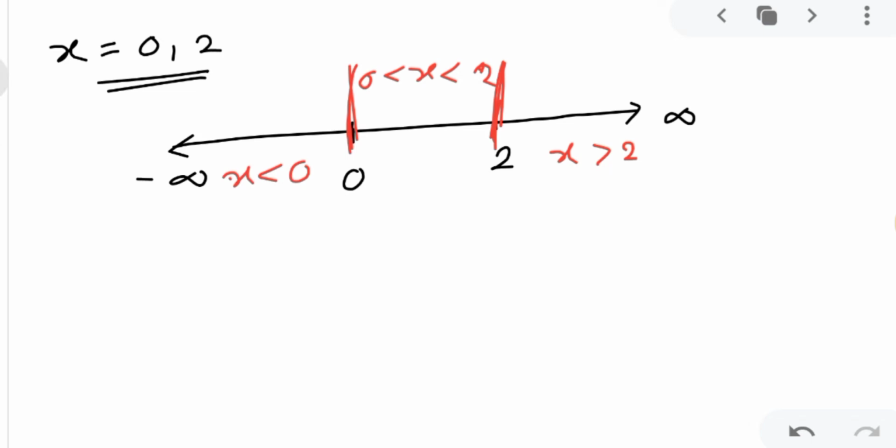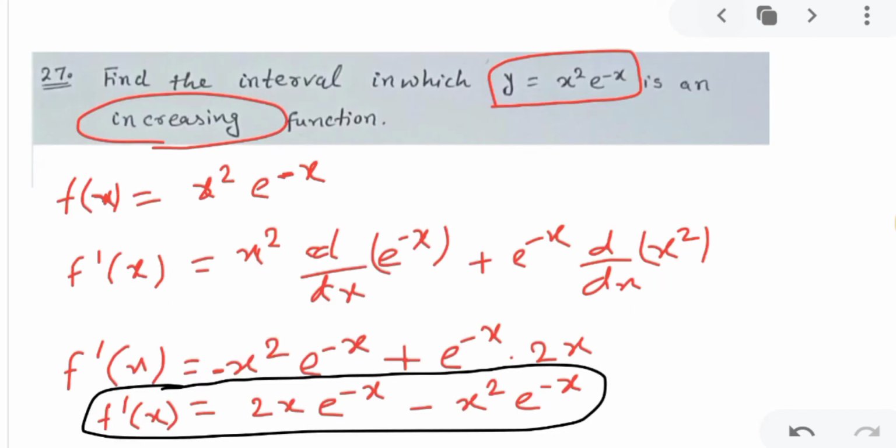So I will check. First I am checking for this region, x is greater than 2. So in the same way I will take x value as any value, say 3, correct? Any value I will check for 3. So I will check for f dash 3, this is rough work. f dash x was this value, okay? So just put the value f dash 3. I am finding here only. This will be easy for me.